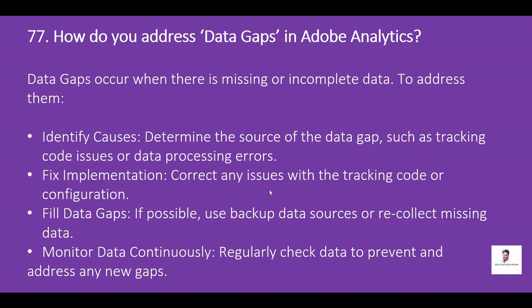Correct any issue with the tracking code or configuration, because that is the starting point. If the tracking code itself is not working, then it will stop other things also. Fill data gaps if possible. Use backup data sources or recollect missing data. Monitor data continuously. Regularly check data to prevent and address any new gaps.